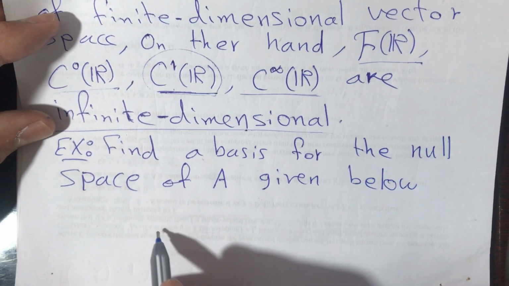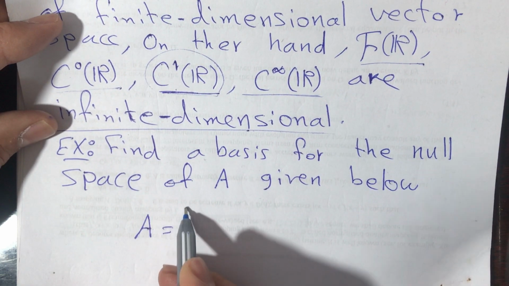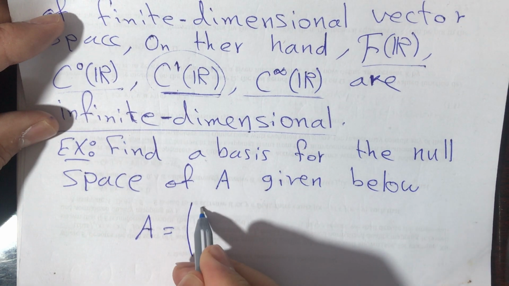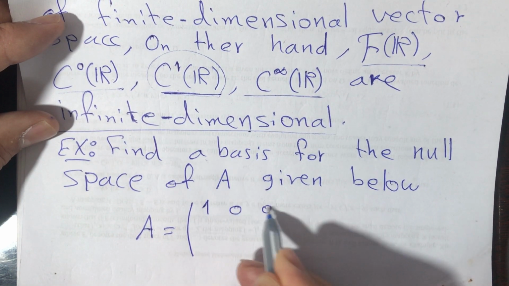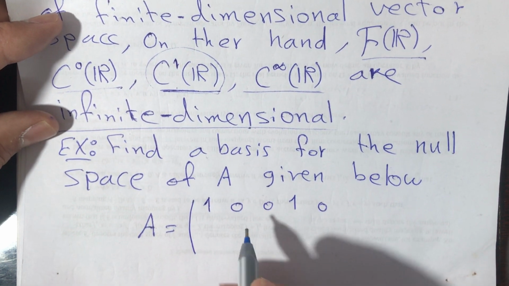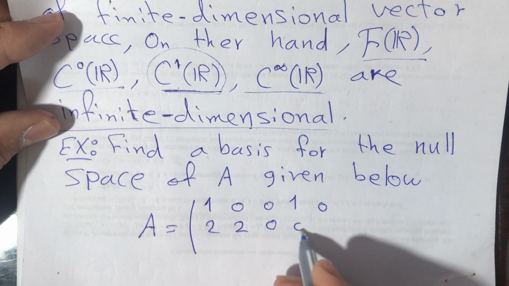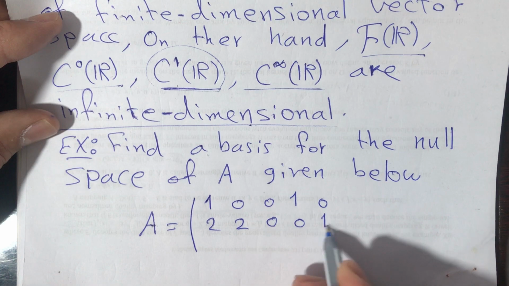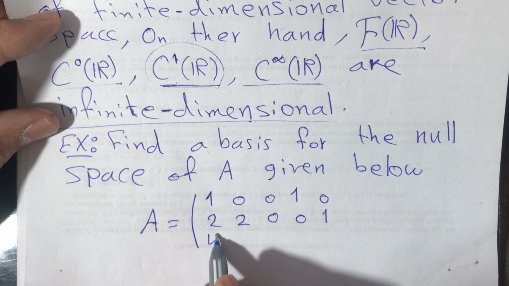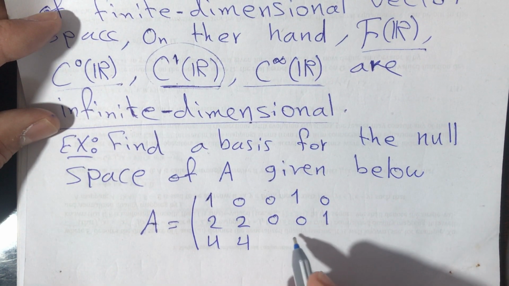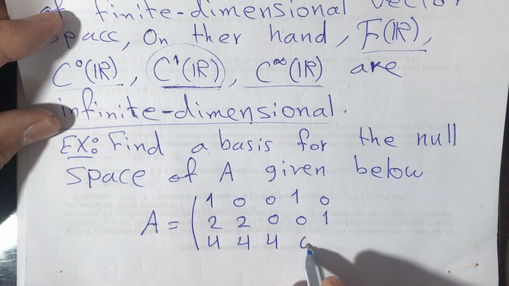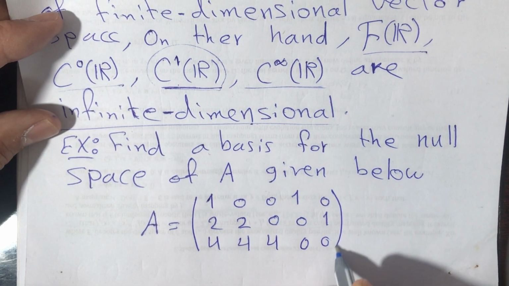This is A: A is equal to the matrix with rows 1 0 0 1 0, 2 2 0 0 1, and 4 4 4 0 0.